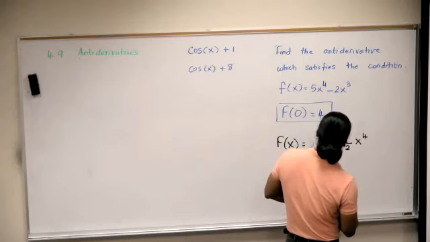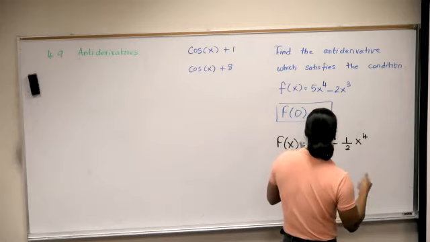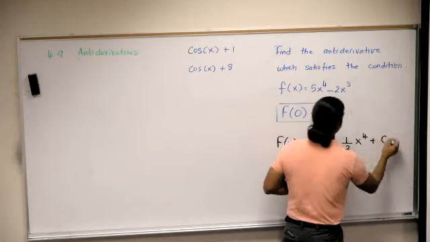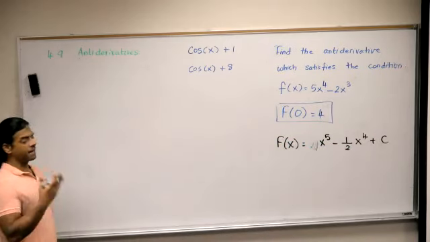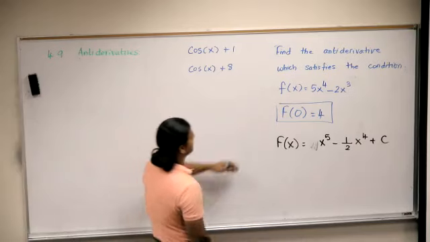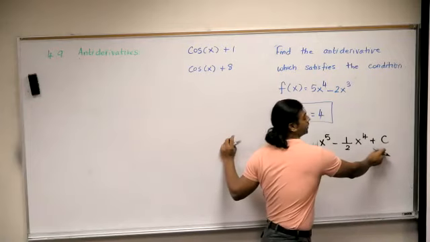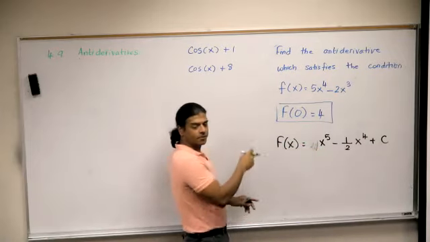You would have to input something, and then when you put 0... Give me a second. So that is our function, plus c. So c by itself will not satisfy that condition. If I find the value of c, then I'll have a function that is unique to this problem.